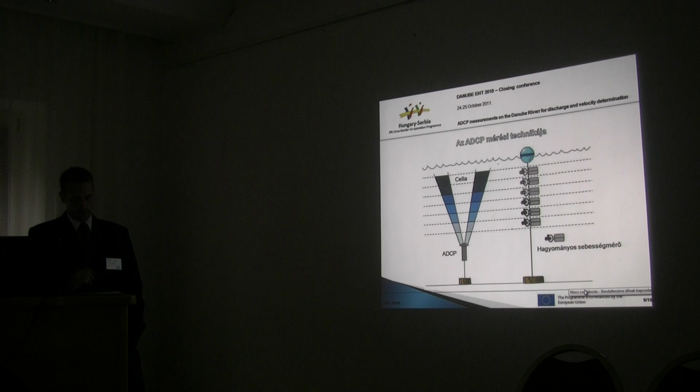Let's compare the ADCP measurement with the traditional type of measurement using velocity meters. In case we are using a velocity meter, we have to take the equipment into the cross-section and perform the measurement in a given number of verticals in different depths.